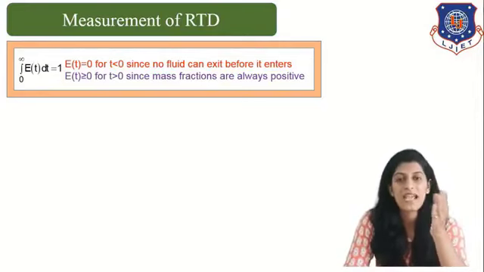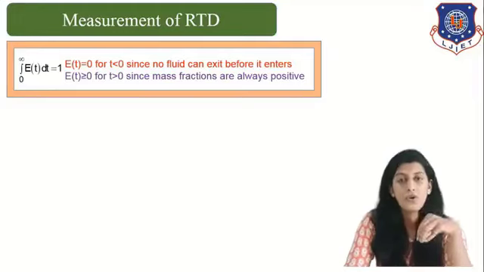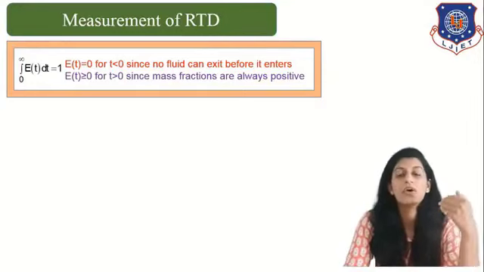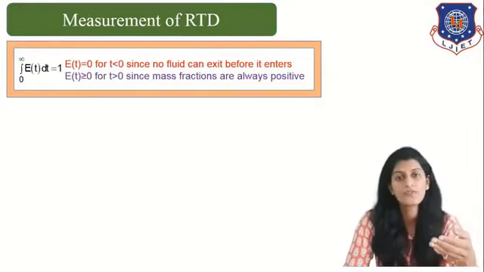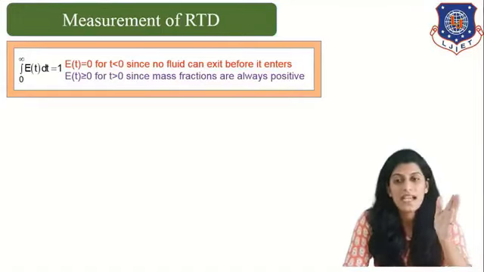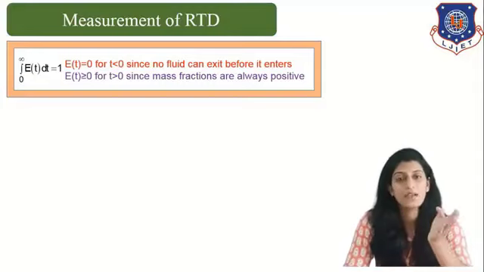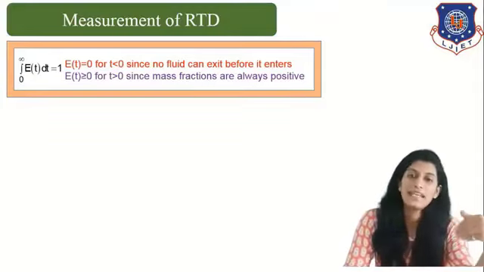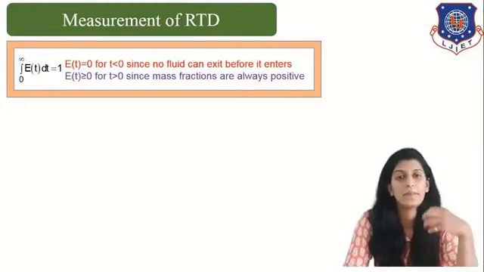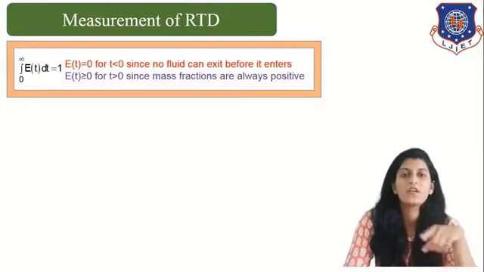Because before time 0, there is no tracer coming out of the system, since once you have not started your system, there will be no output. So before time equals 0, there will be zero concentration coming out of the system. And for time greater than 0 up to infinity, the total amount of tracer will come out of the system. So it will be 1.